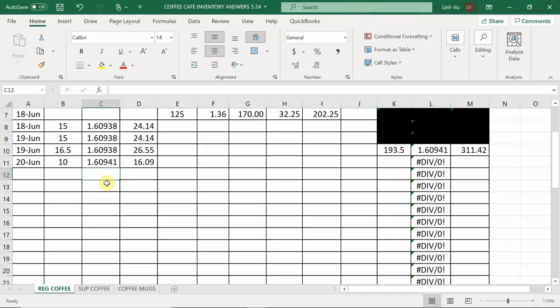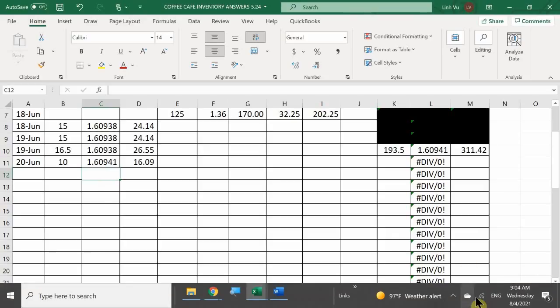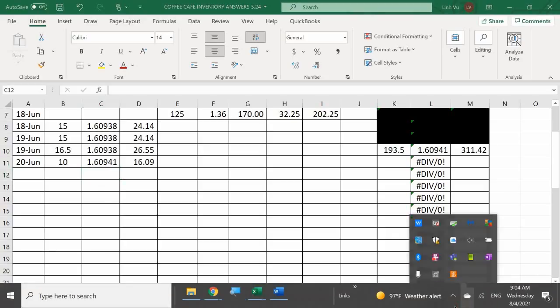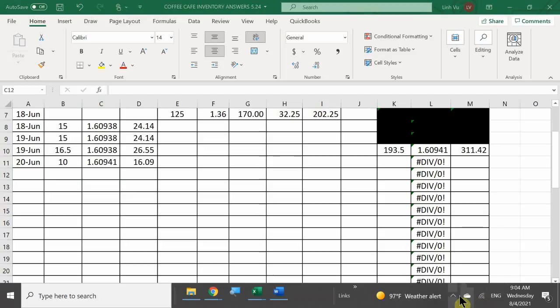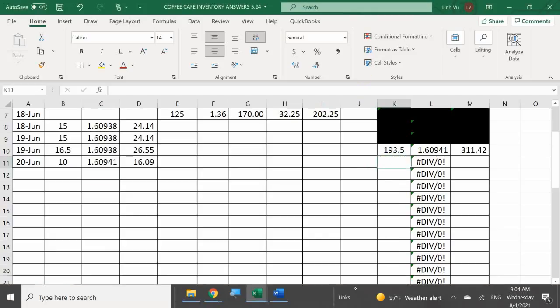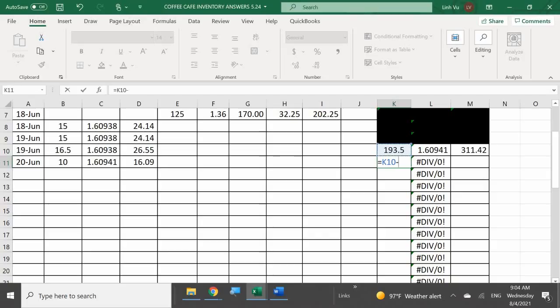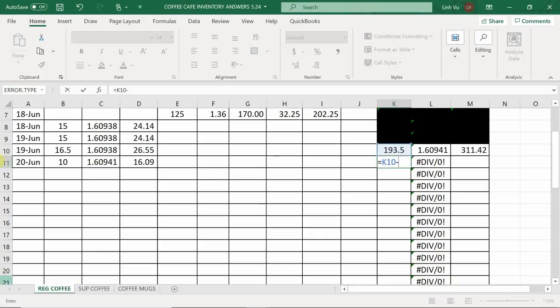Now, with this information, I need to update my inventory because I no longer have 193 and a half pounds anymore. I sold 10 of those pounds. So, if that's the case, then what is my new quantity?